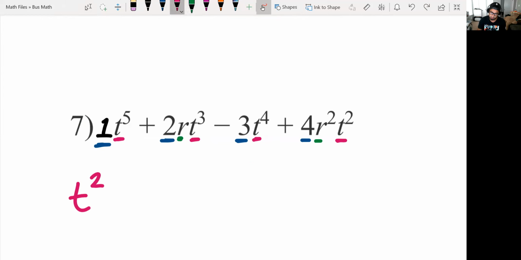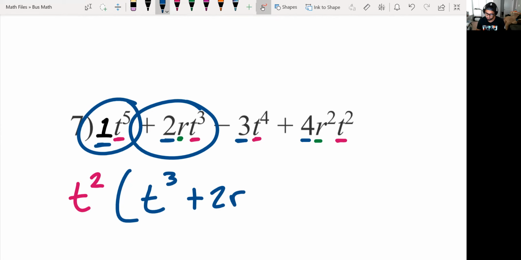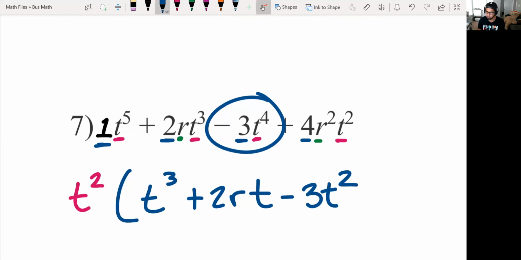That's it. So you'd have t squared, and let's start. T squared from t to the fifth is t cubed, plus t squared from 2rt cubed is 2rt. And then t squared from negative 3t to the fourth is negative 3t squared.